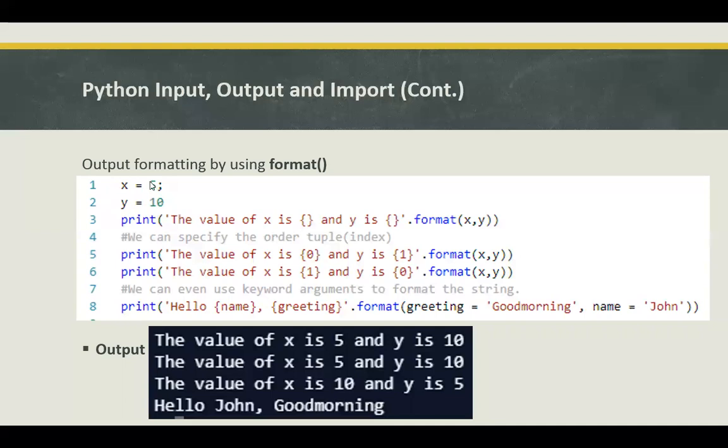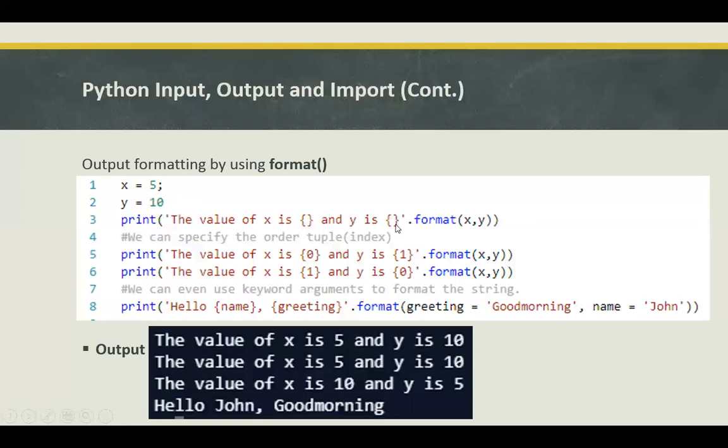Now suppose x is equal to 5 and y is equal to 10. These could be different outputs of your program, and you want to print these values in a statement. That time we have to use this format. For example, the value of x is 5 and y is 10.